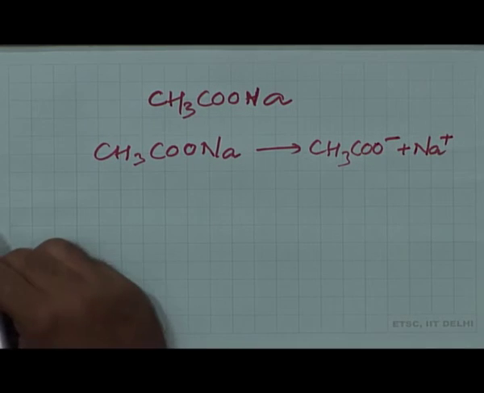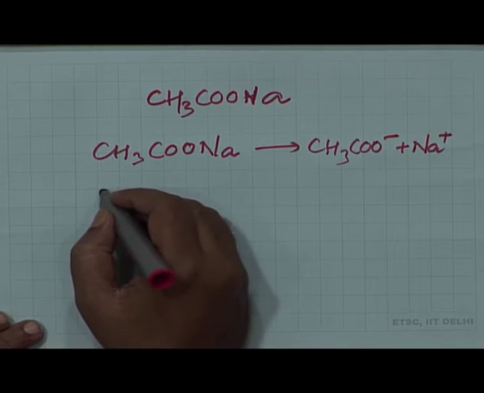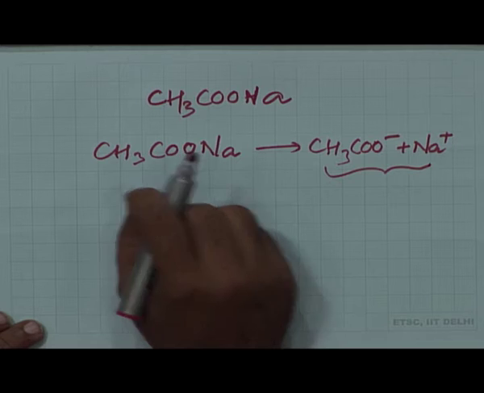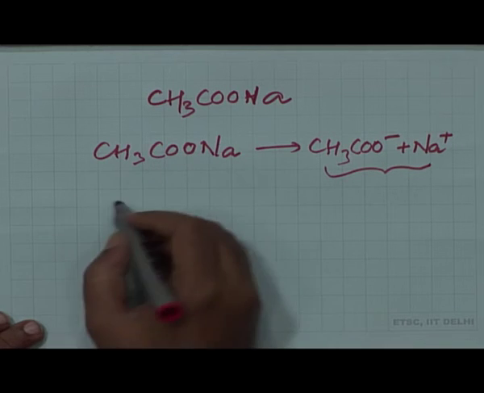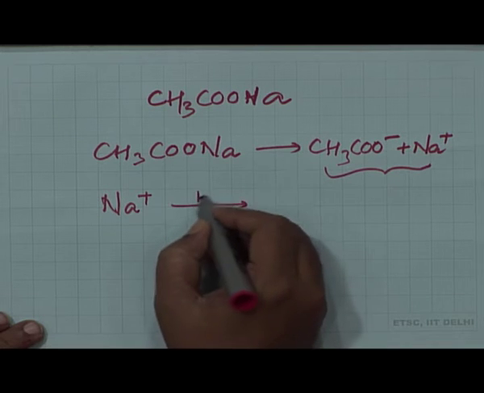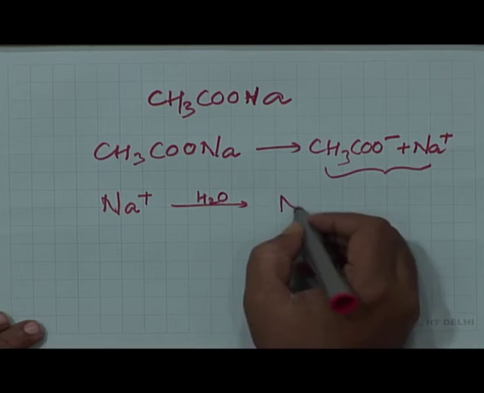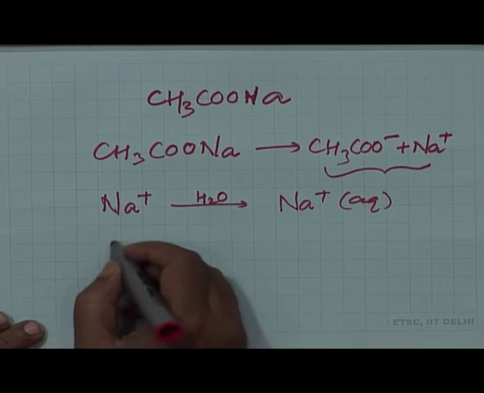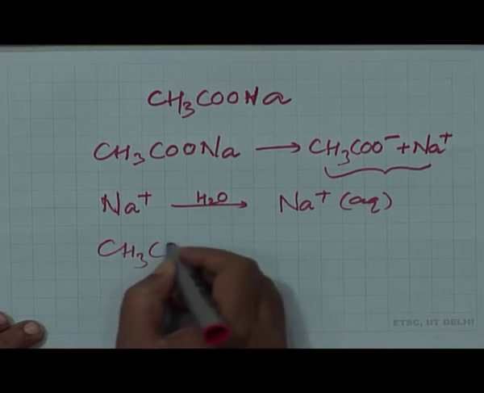So, first this happens. Now, what will happen to these ions when they come into contact with water molecules? Na+ plus water: Na+ gets hydrated. What about the acetate ion?